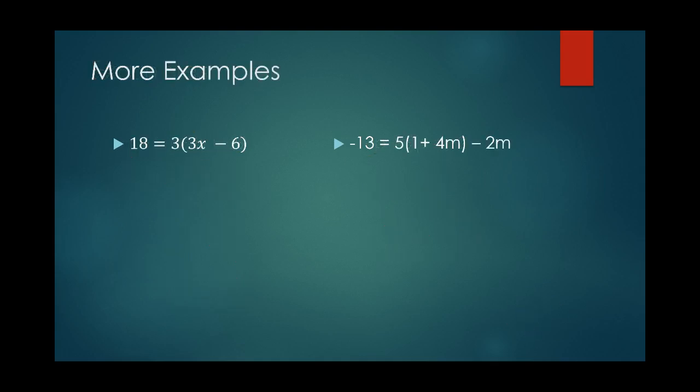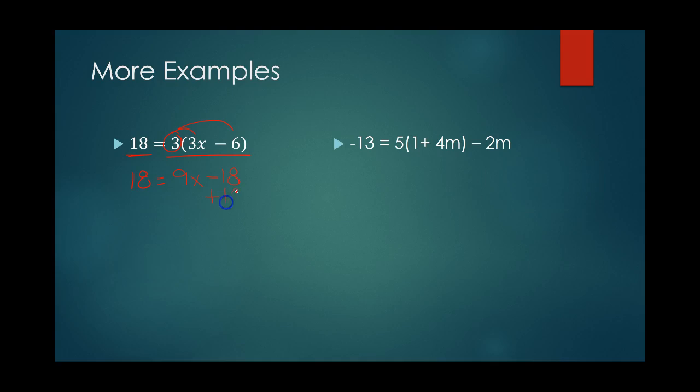All right, a few more examples. We'll gradually work and get a little tougher as we move on. My left side is just 18, so I can't simplify that in any way. But my right side I can. There's a set of parentheses, so I can distribute. 3 times 3 is 9x. 3 times a negative 6 is a negative 18.